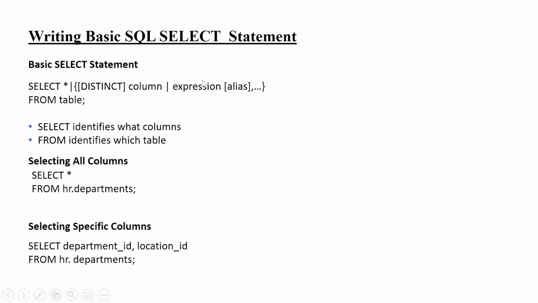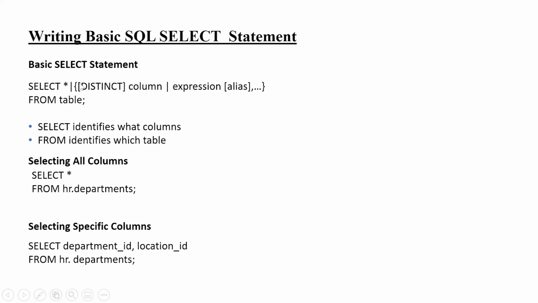An alias you can put along with a column as well. We will see what an expression and an alias are. For now, you just understand that we can write an expression along with an alias, or a column along with an alias, in the select statement. Or we can just write a star which will select all my data, all the columns, right?